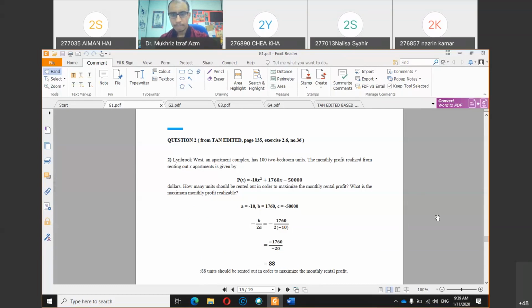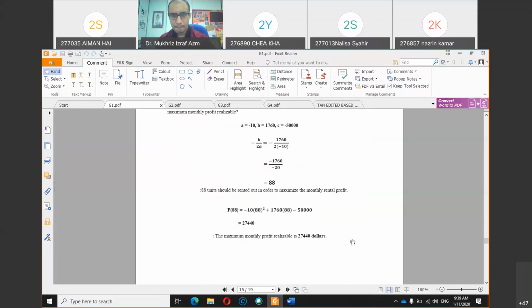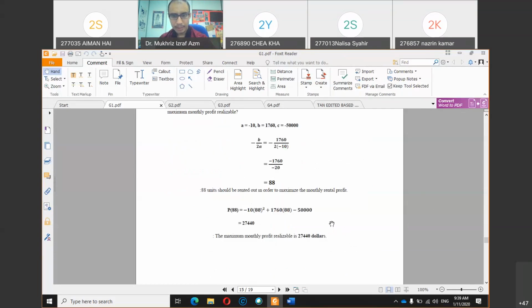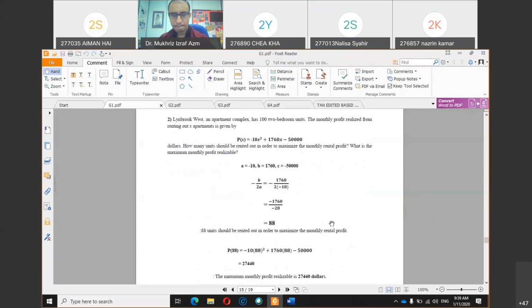Using negative b over 2a to find the unit first, I found it's 88 units. Then you substitute the 88 into the function. So it's a straightforward solution.